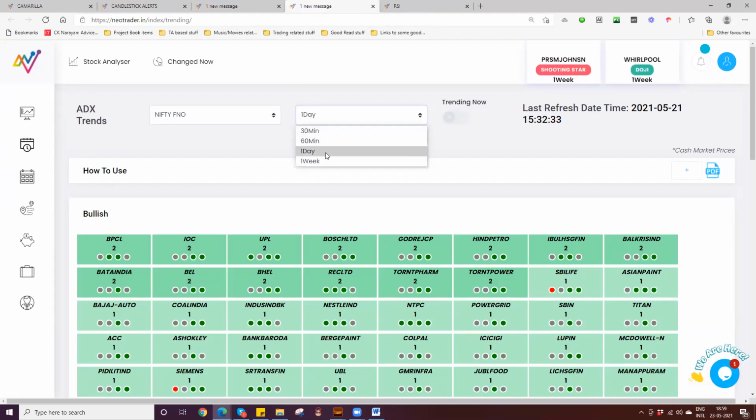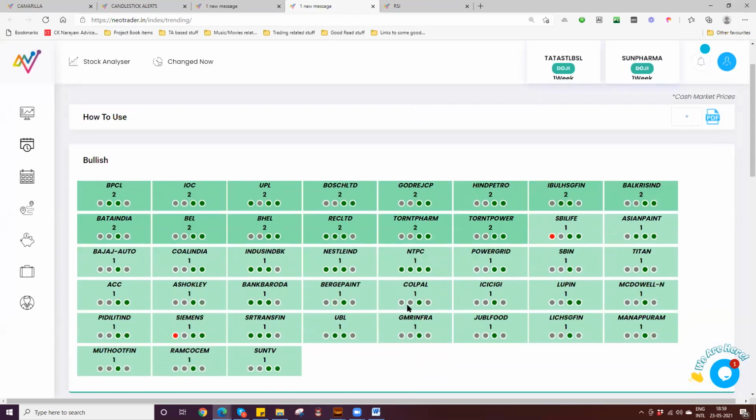So 1 day is here. You put on 1 day, and then you're looking at bullish stocks right now. So you get a list of bullish stocks, right? Now ADX also has these circles, but for the moment, let's leave that alone. We'll probably take that up independently on a separate webinar for ADX. At that time, we will look at all this.